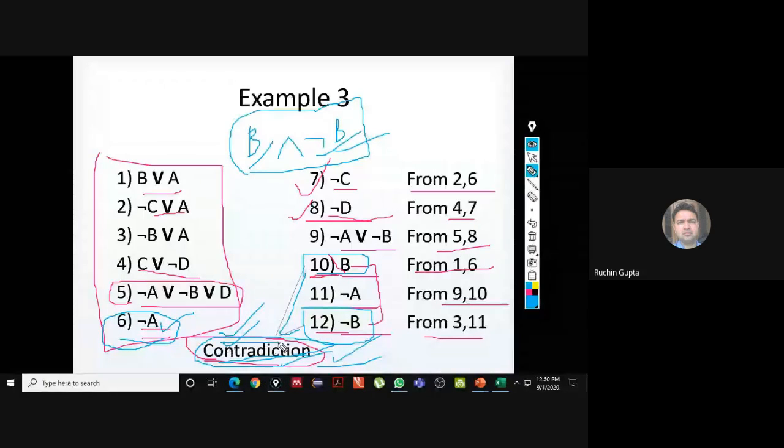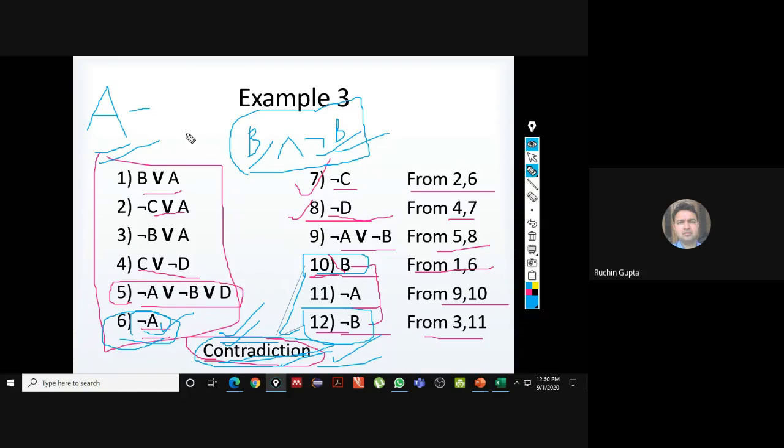That's why negation of A is going to be false. It means that A is going to be true. So A can be derived from the null case. This is the way the resolution algorithm is going to work.